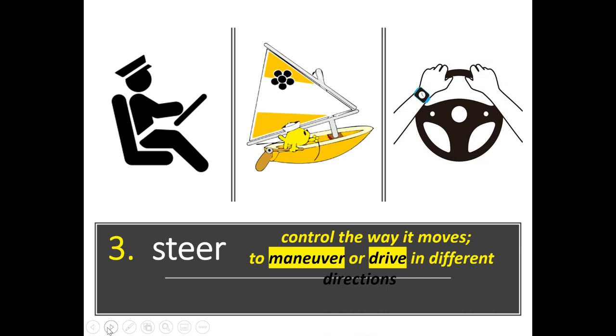Control the way it moves, to maneuver or drive in different directions. So a synonym, or word that means the same, for steer is maneuver, or you could say drive.